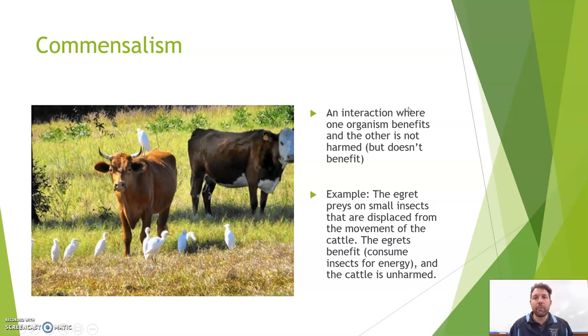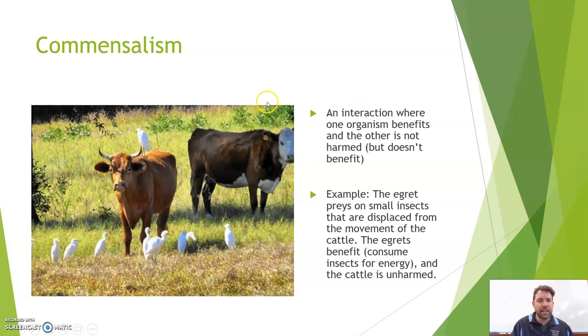Commensalism is where one species, or one organism, will benefit, but the other will not benefit, but they're not harmed. They're still okay. So my example here is with egrets, the birds, and cattle.